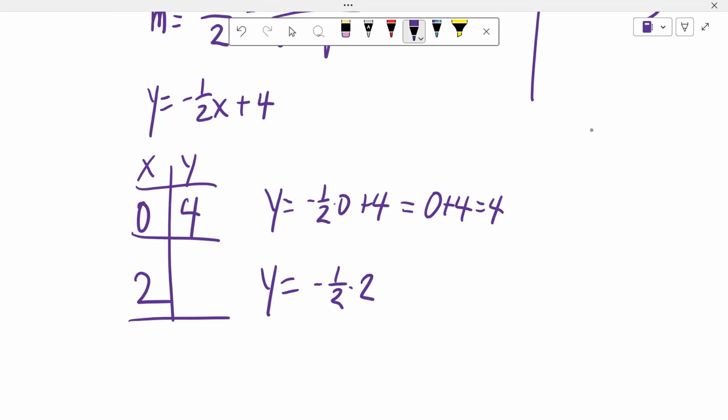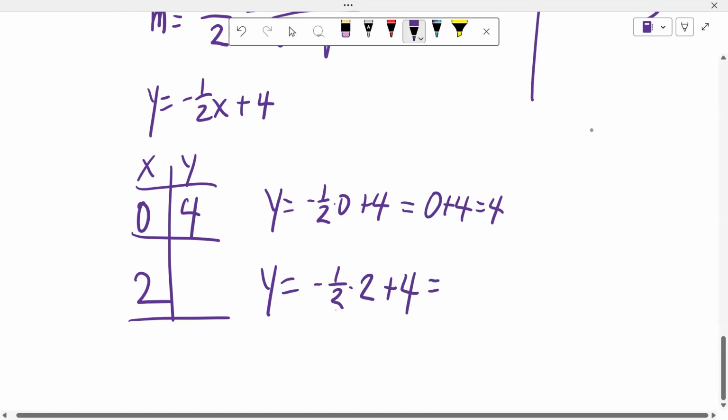But you probably don't want to use 1, 3, 5, because then you have to deal with fractions. We try to avoid the fractions. That's why I picked a multiple of the denominator, so we can eliminate the fraction. As you can see, -1/2 times 2 becomes -1. Adding 4, that's 4 minus 1, 3.